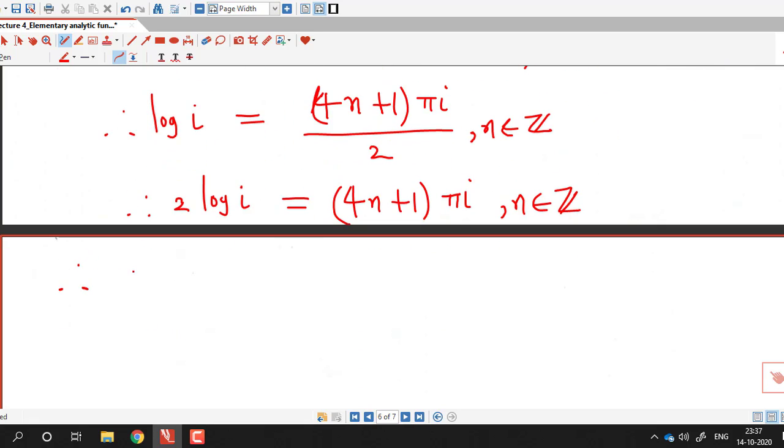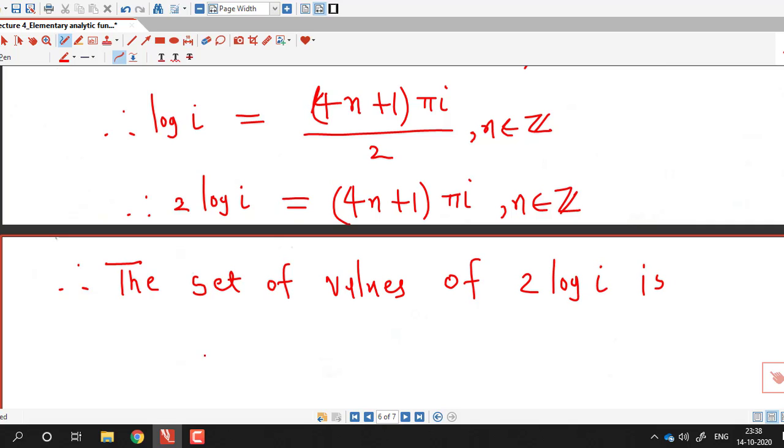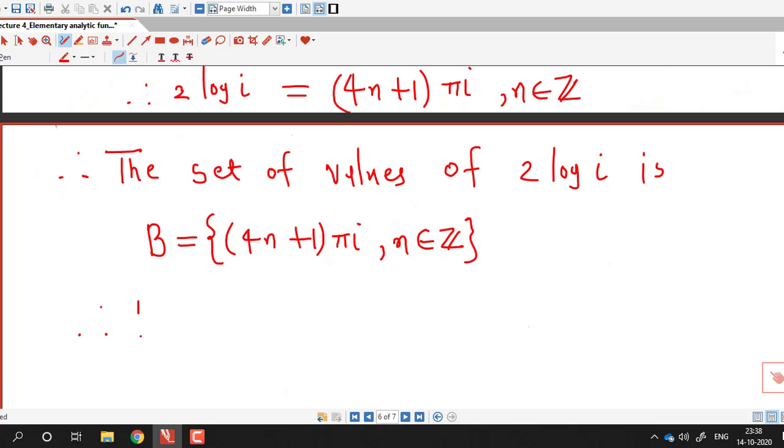So therefore we can write the set of values of 2 log I, suppose the set is denoted by capital B, as (4n plus 1) pi I, n belongs to Z. If we write some of the values for different integers n: for n equal to 0, I obtain pi I. For n equal to 1, I obtain 5 pi I. For n equal to 2, I obtain 9 pi I, and so on.